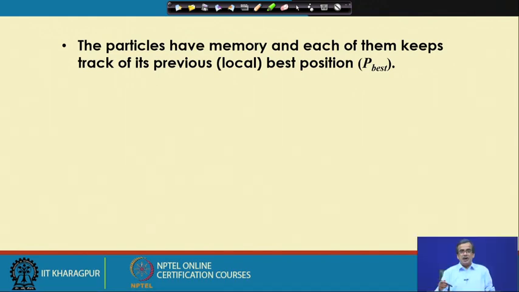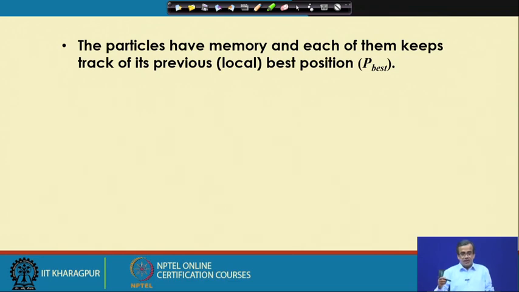Here these particles have memory and they try to update their position, their information, they compare with their previous positions and try to find out what should be their action in future. So, the particles can keep their memory and this memory is going to help during the search.